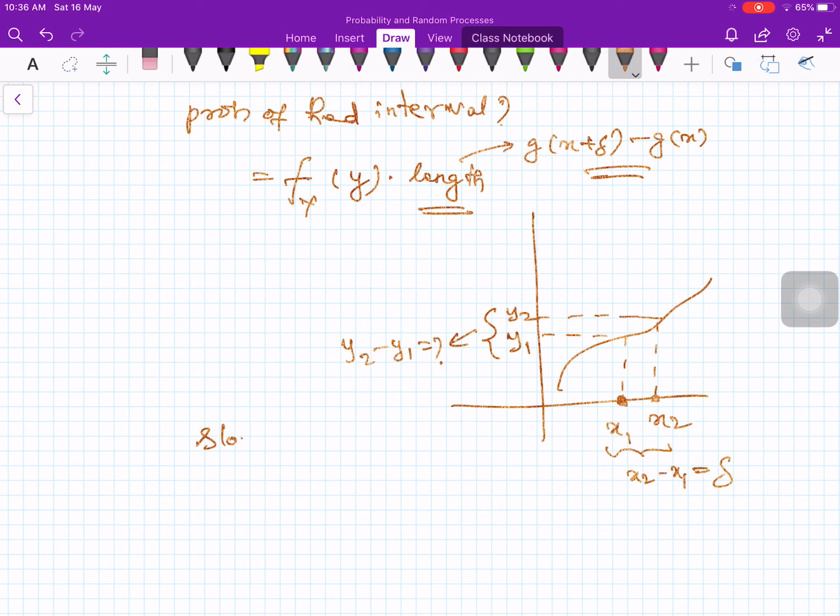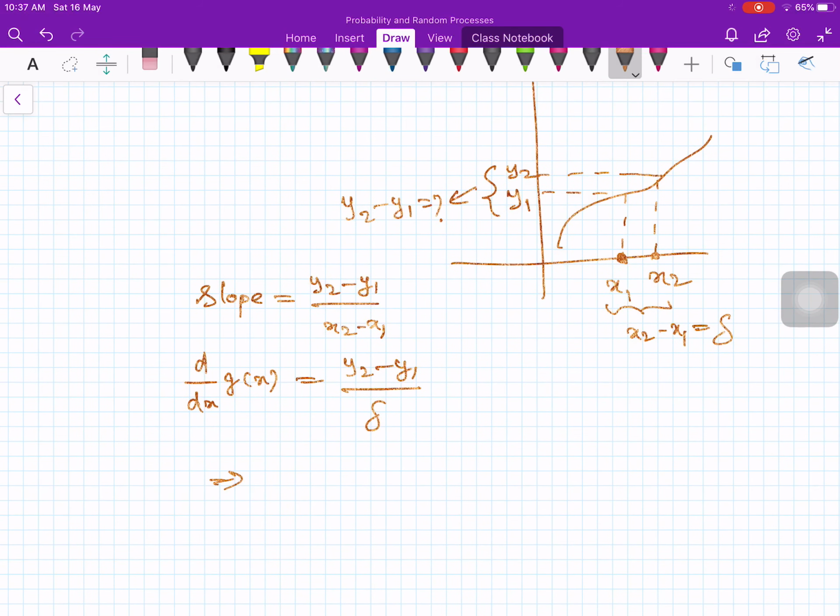So slope equals y2 minus y1 divided by x2 minus x1. What is the slope? You take the derivative of the function. Therefore d by dx of g of x equals y2 minus y1 divided by x2 minus x1, which is delta. This implies y2 minus y1 equals delta times d by dx of the function g of x.